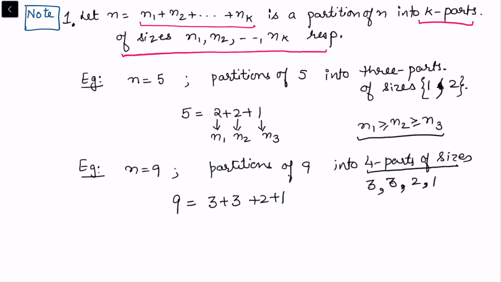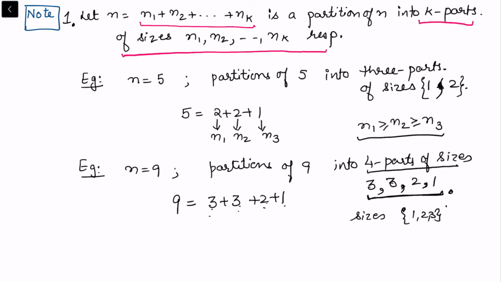So when you specifically give the values for the part sizes, then also you can directly use them, 3 plus 3 plus 2 plus 1. These are just the symbols or notation for how you want to define the set, whether you want to give every value for n1, n2, n3, n4, or you can say the part sizes belong to the set 1, 2 and 3, and then you can create a partition of 9 from that.